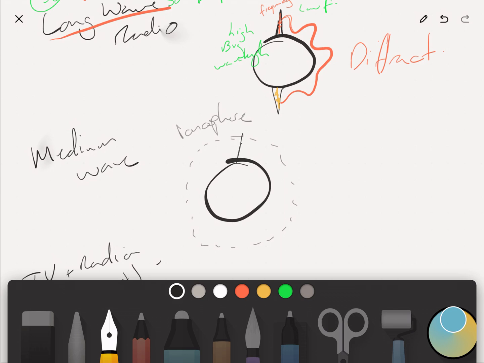If we take my radio antenna there, the ionosphere is able to reflect radio waves from one mast to another. So you can actually reflect these waves around the Earth, by reflecting off the ionosphere.